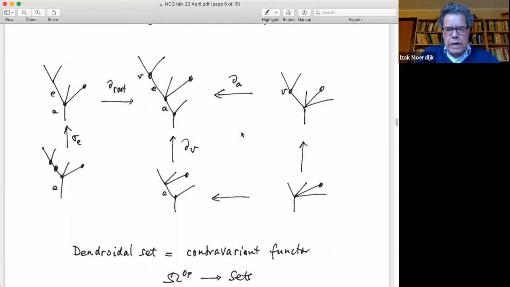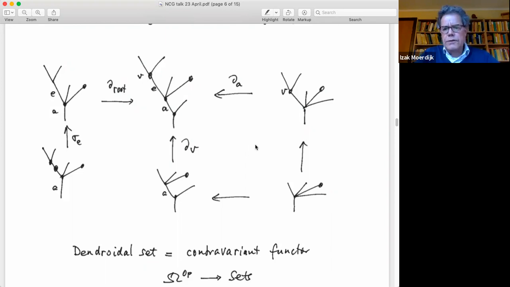There are several outer vertices here, for example the root vertex. If you chop off the root vertex, you get this tree, and there will be a map this way. And you can chop off the V on top, and you get the map this way. I could also have chopped off this vertex, but I didn't draw that arrow.